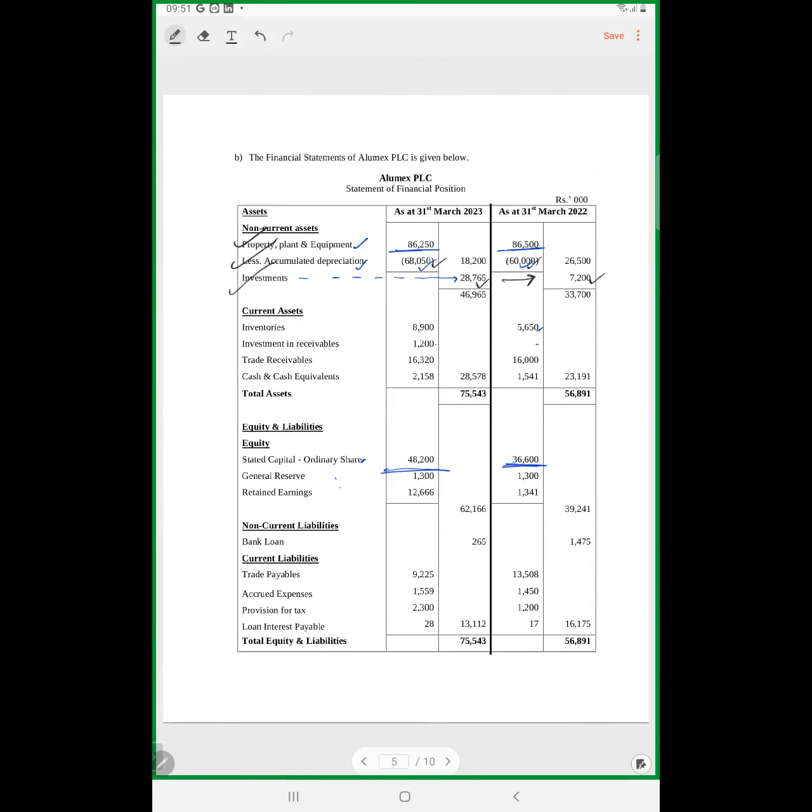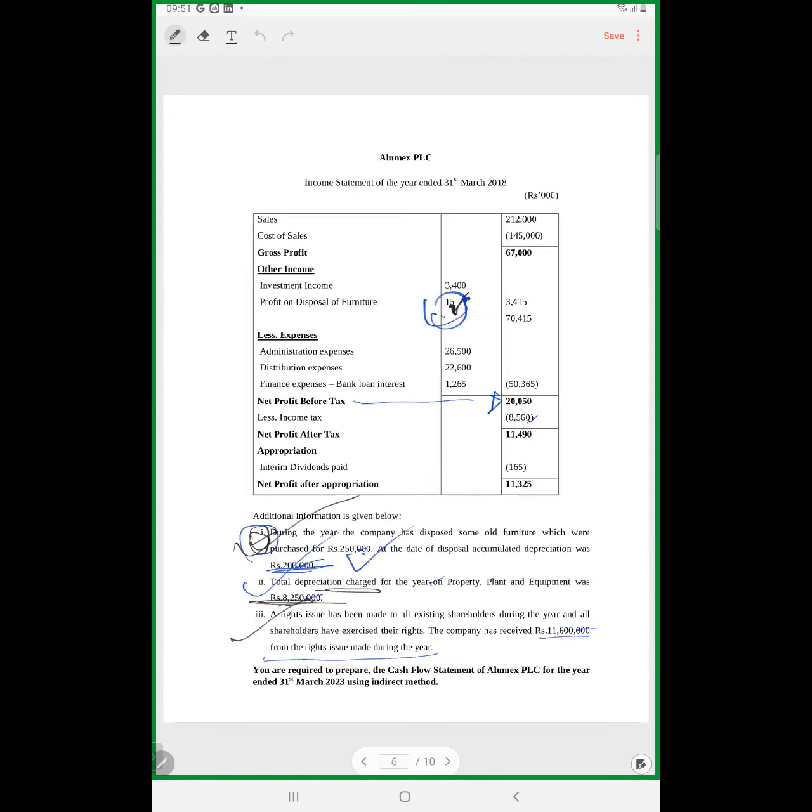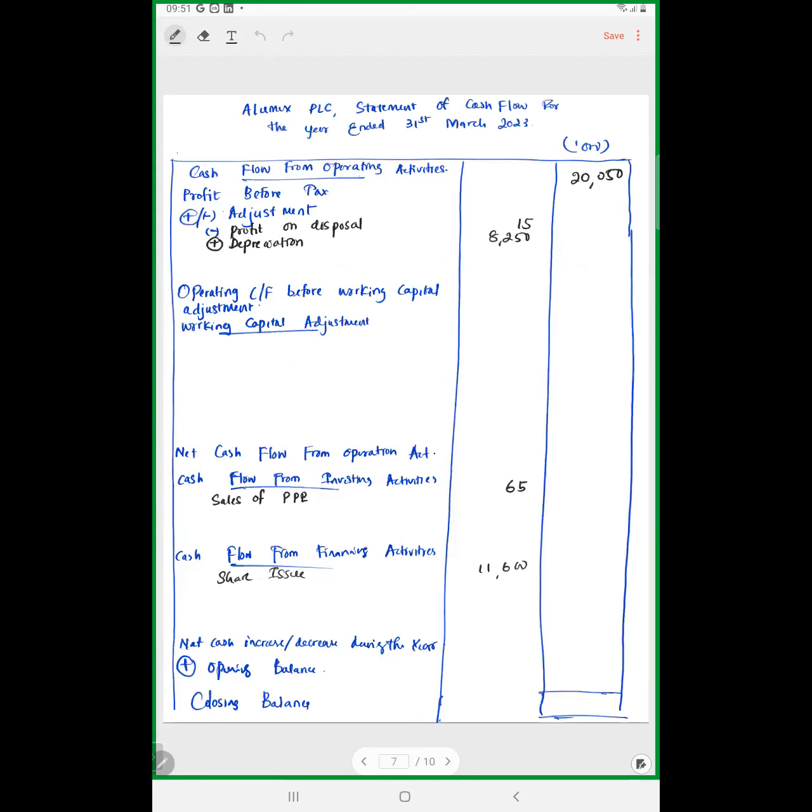So it means the company has invested how much? 28,765 minus 7,200, 21,565. So then where we record that amount? As investing activity, investment. How much? 21,565 reduction.